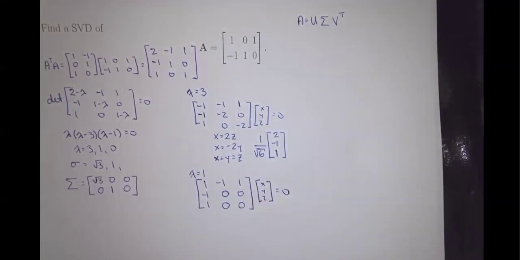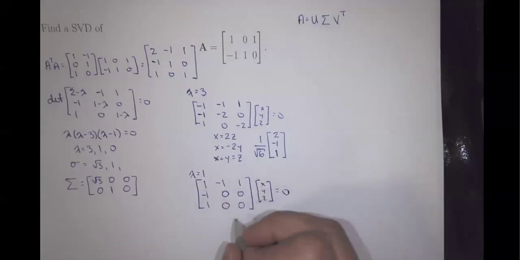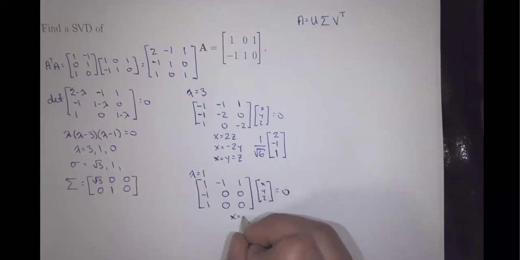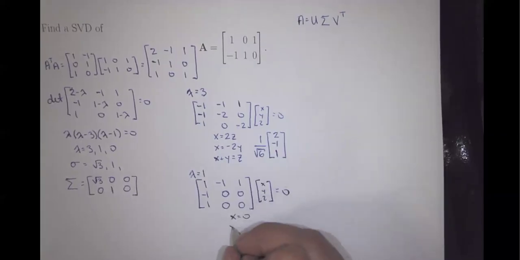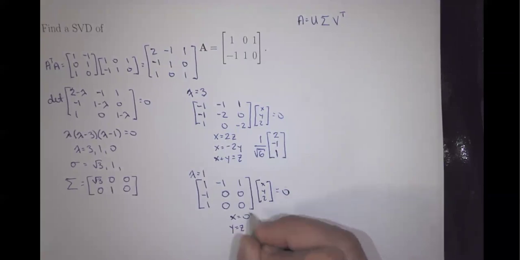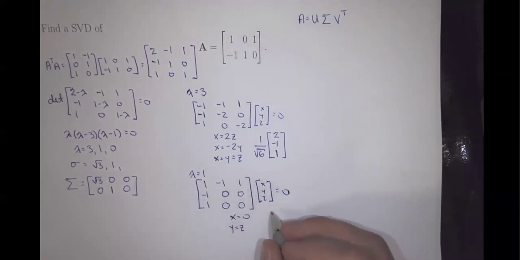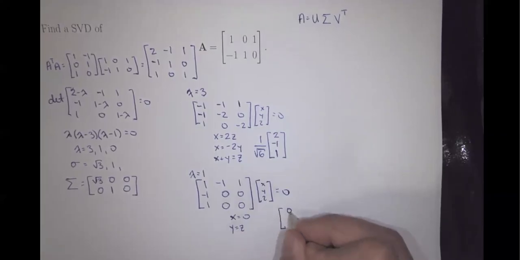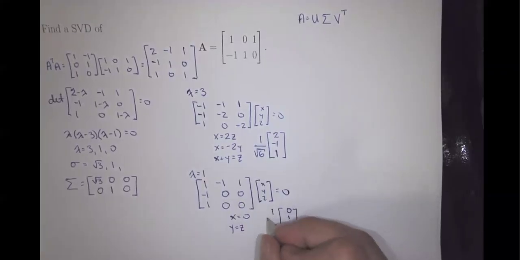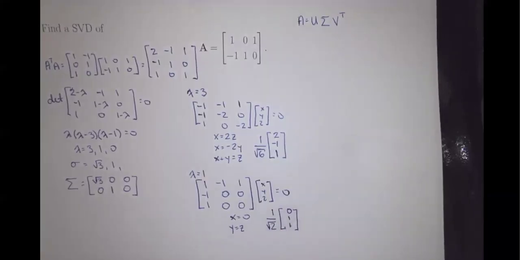The first relationship we see here is that x has to be 0, and then y is equal to z, captured in the first row. So we're going to have something where x is 0, and then y and z are the same, so 1 and 1. So we'll go 1 over root 2 times that vector for our second eigenvector in V.